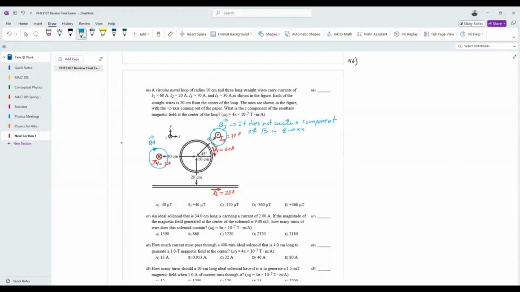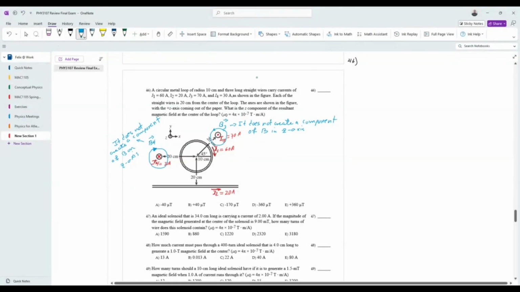So this one doesn't create a component of B on the Z-axis.